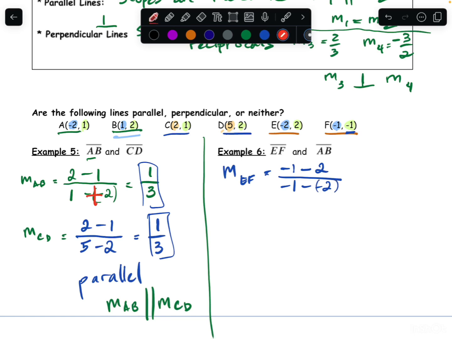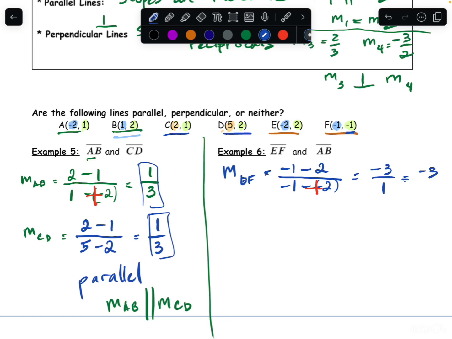And remember that a minus and a negative together becomes a plus. So this is equal to negative 3 over 1, which is just negative 3.